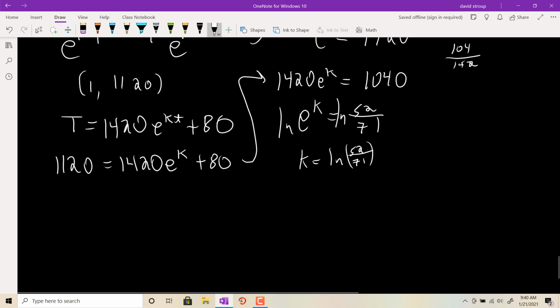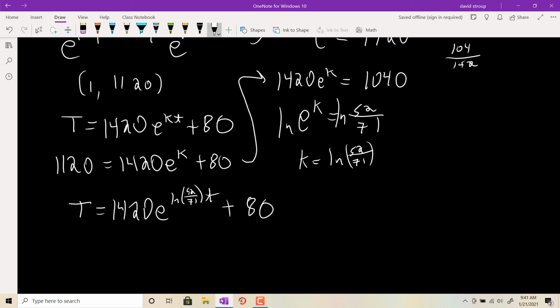So now I have my sort of official temperature equation. So at any time t, I can get an idea of what the temperature of this object is going to be. ln of 52 over 71 t plus 80. Okay. So in particular, they want to know the temperature at 5 hours.